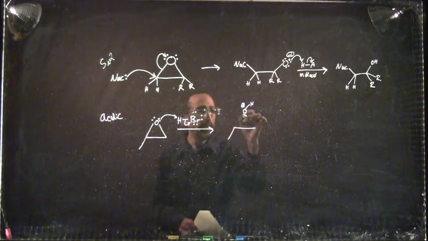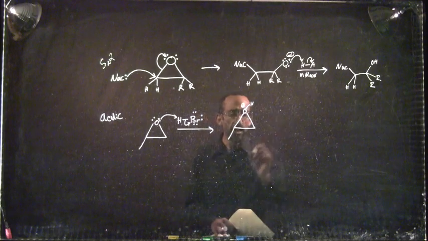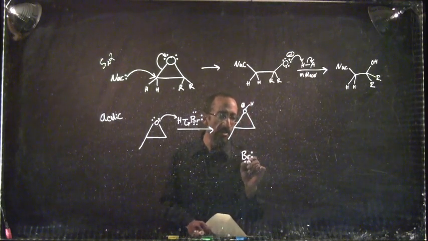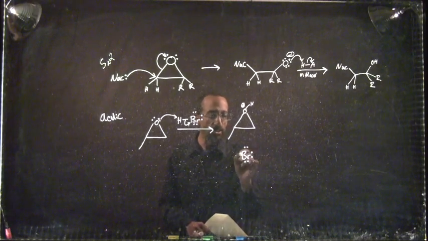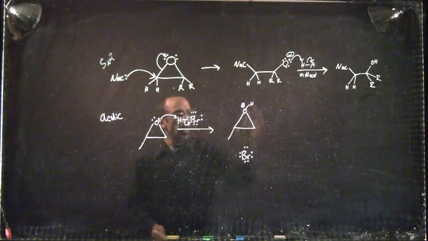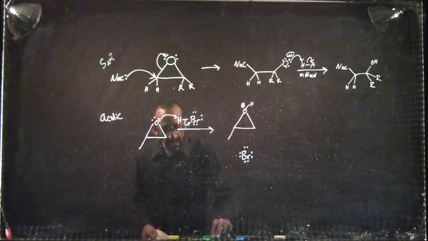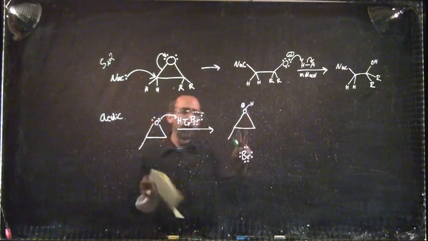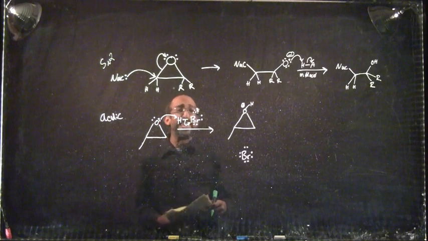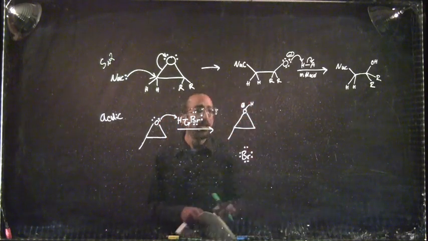So now we have this protonated epoxide, and we have our bromide anion, which I'm going to conveniently use as a nucleophile. Now, both of these carbon-oxygen bonds are polarized. And because I've formed this oxonium, right, these bonds are weakened, right? That polarization increases, and so these bonds are weakened.